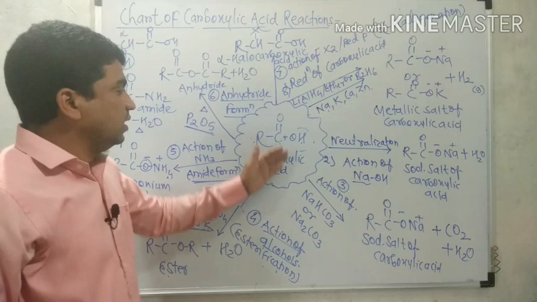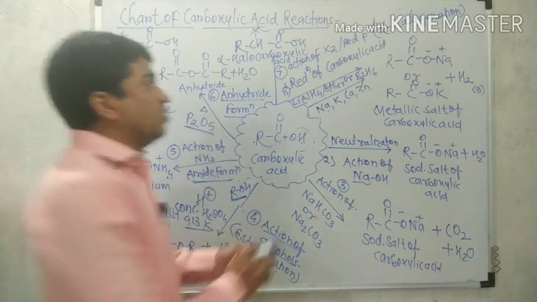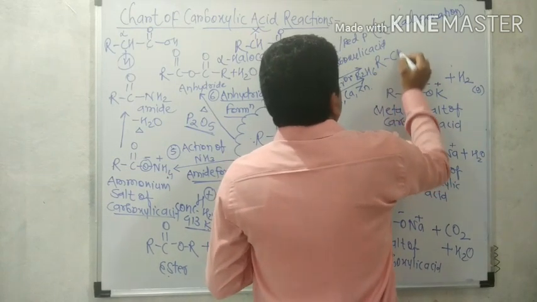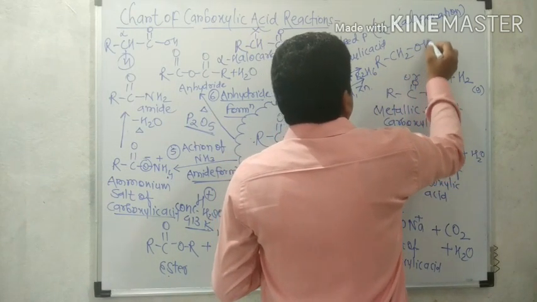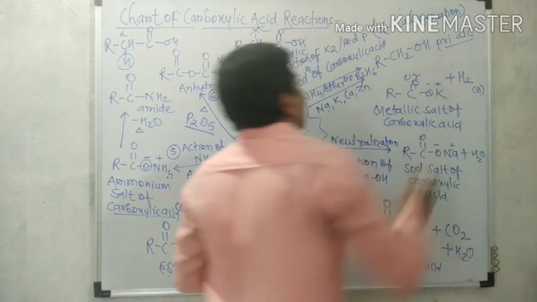This reaction converts carboxylic acid into primary alcohol. Here we obtain the product RCH2OH, primary alcohol.